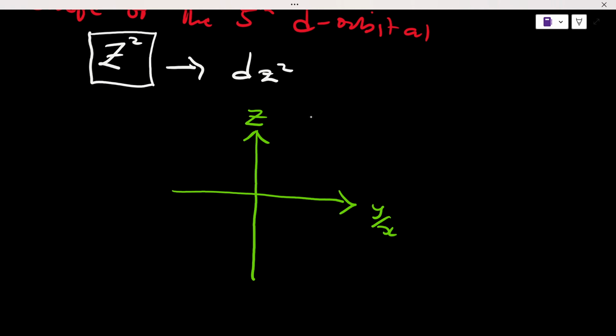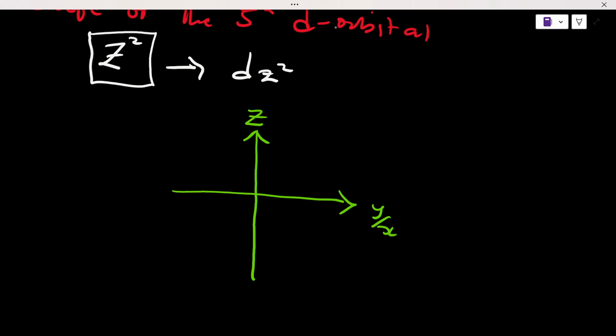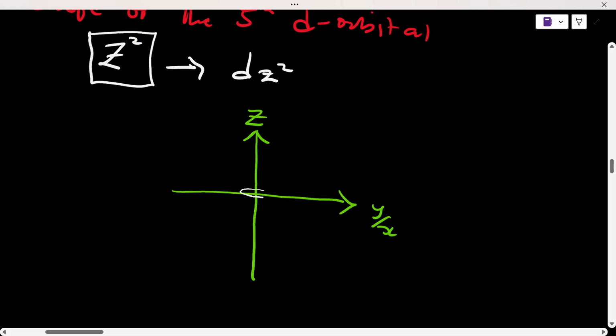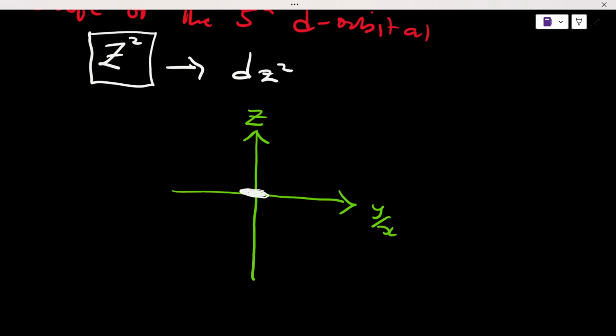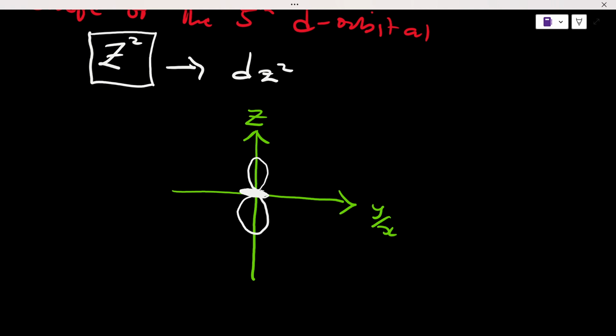So when sketching it, there's a small overlap at this point, but a bigger one is running along the z axis.